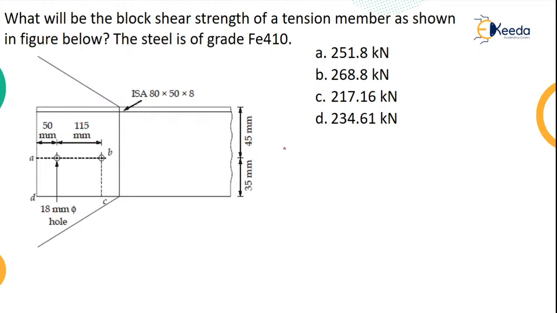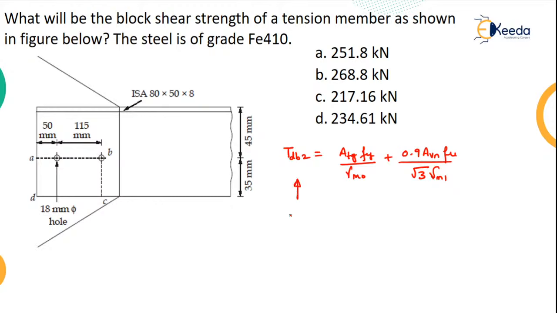Similarly, you also have to calculate TDB2. So this is equal to how much? ATG FY whole divided by gamma m naught plus 0.9 AVN FU by root 3 gamma m1.